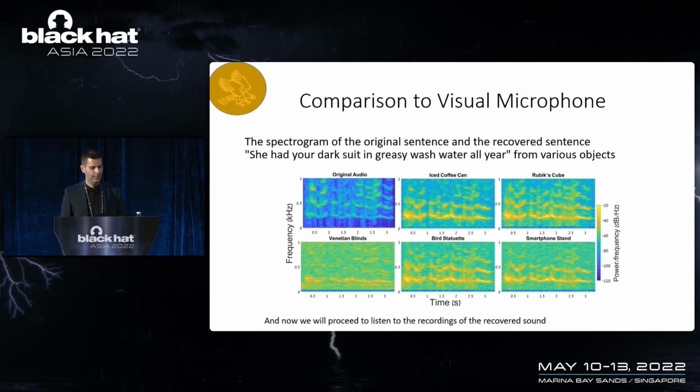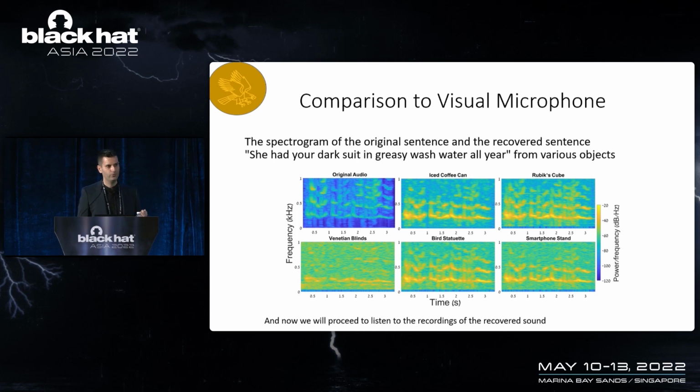Now, as you can see here, these are the spectrograms that were obtained from the original sentence and from the optical measurements of the various objects used for this experiment. And as you can see, the original sentence is of much higher quality than the recoveries.